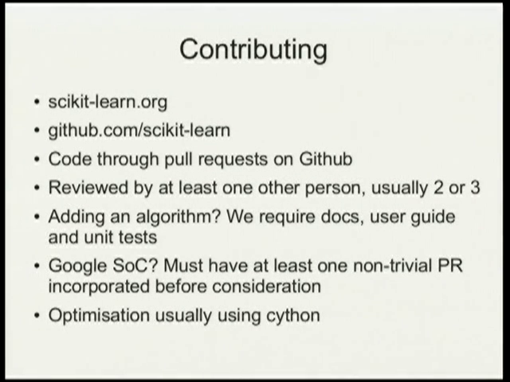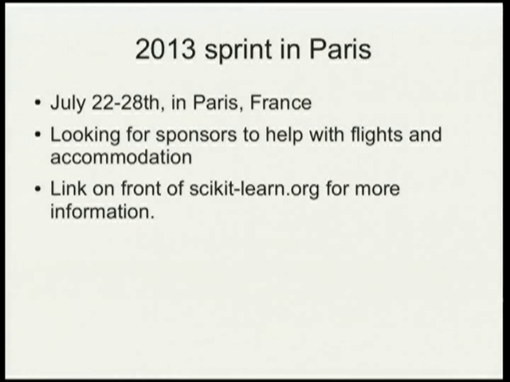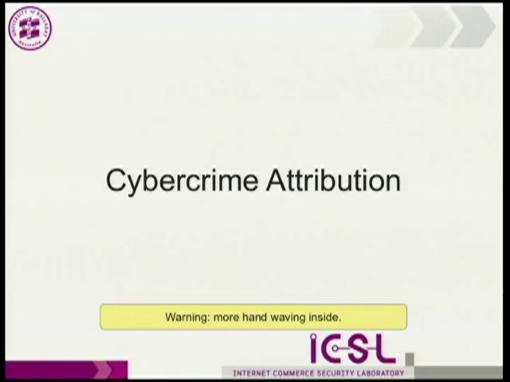Now, I'll skip through this, but if you're interested in contributing, jump on the mailing list or let me know, or both. There's a sprint, and if you're interested in helping fund that, just again let me know and I'll point you in the direction of funding.